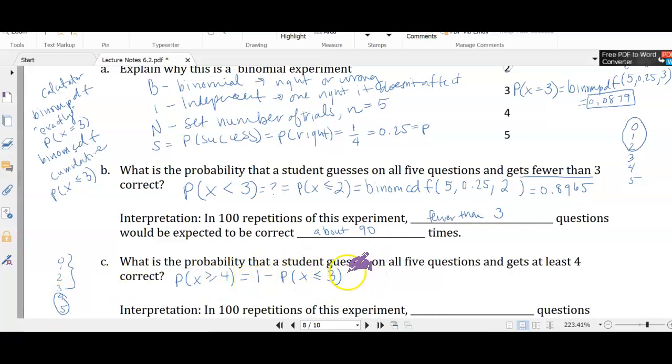So then I'm going to get 1 minus binomial CDF. My number of trials is 5. Probability of success is 0.25. And this number with the symbol of x is 3, so I go through and do that.